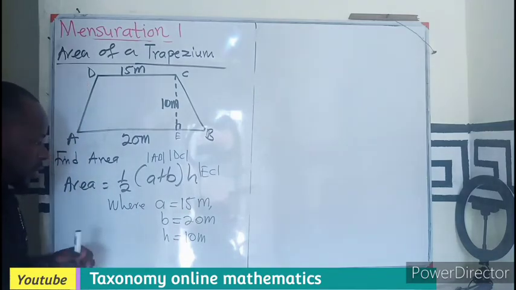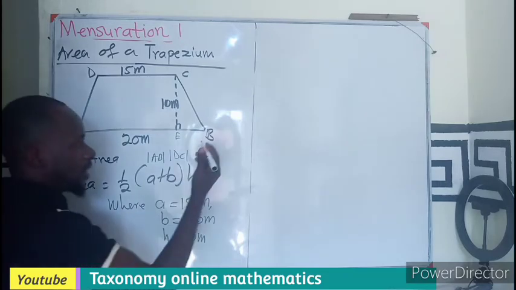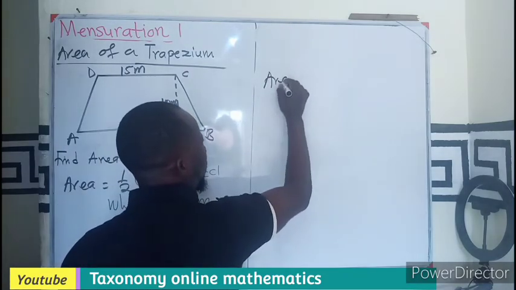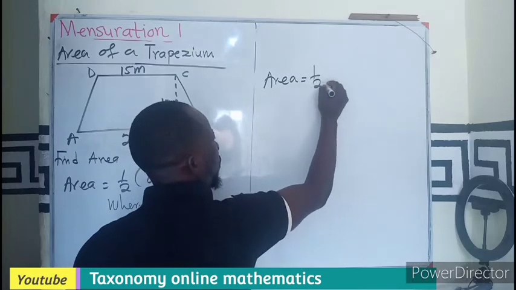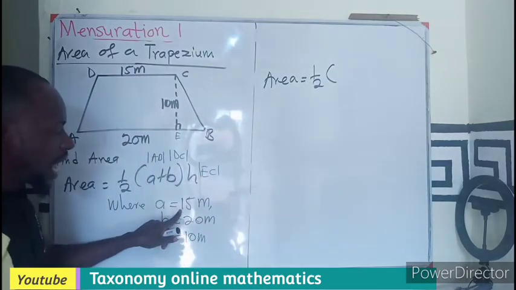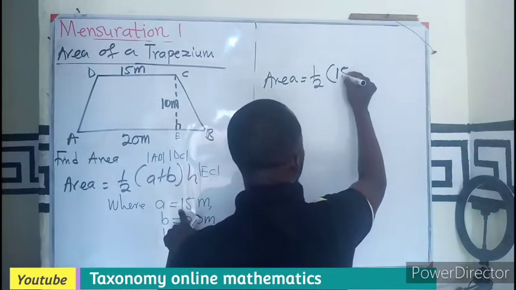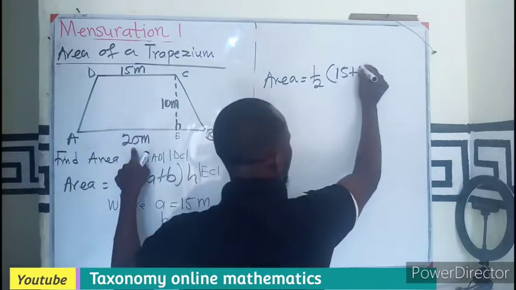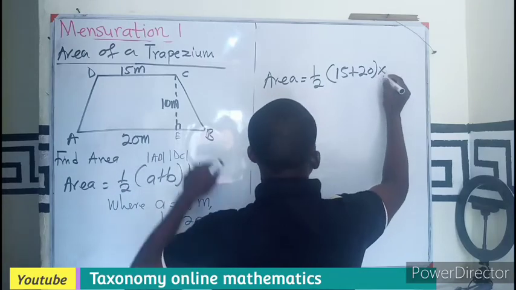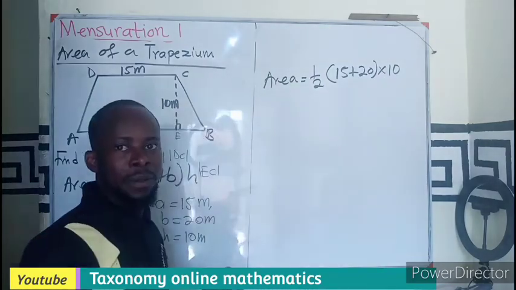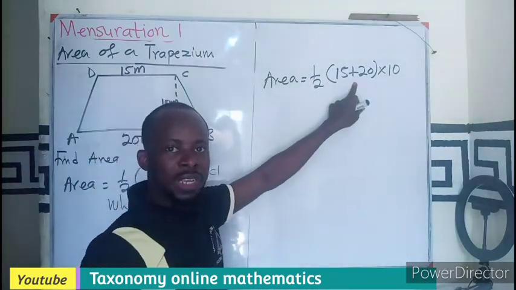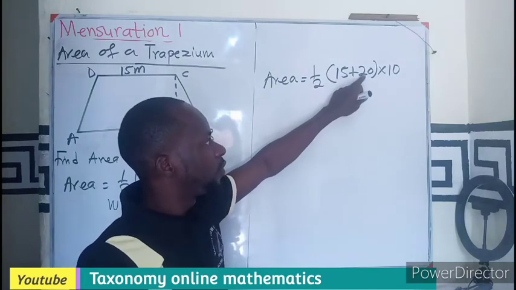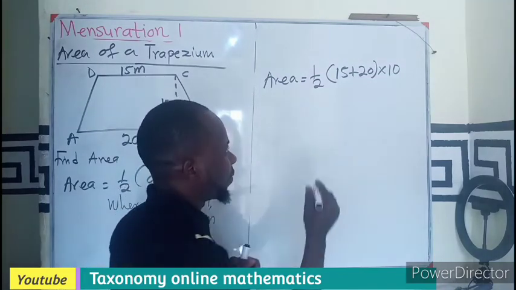So with this, we will do our substitution to have area equals A as 15, B as 20, then the height is what? 10. I believe you know the bracket will be solved first. So 15 plus 20, that will be 35.